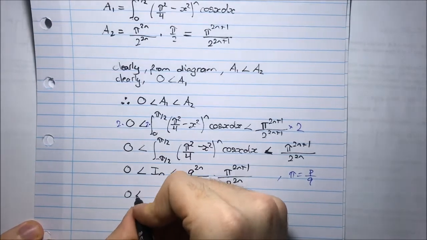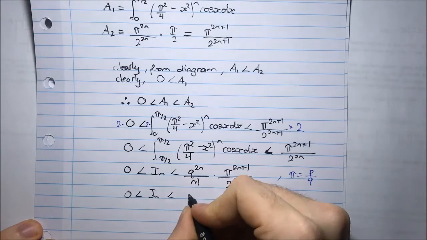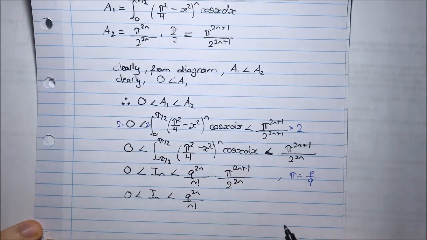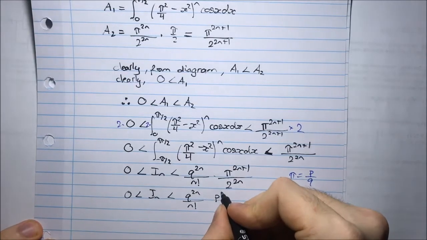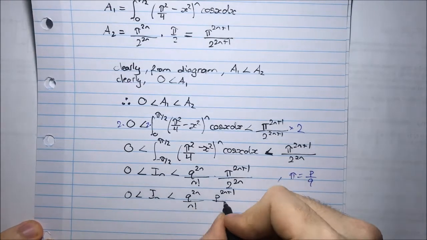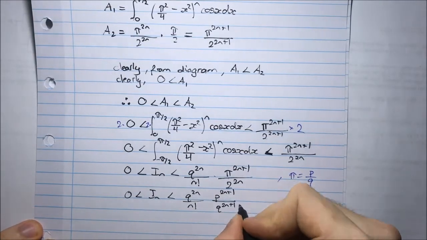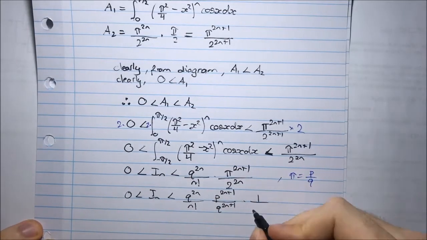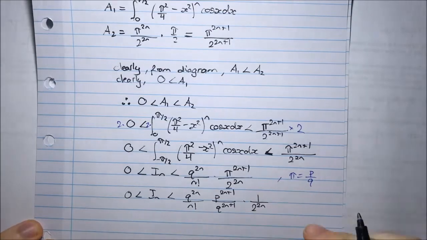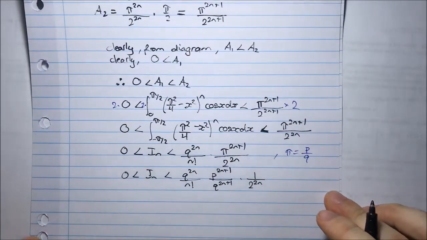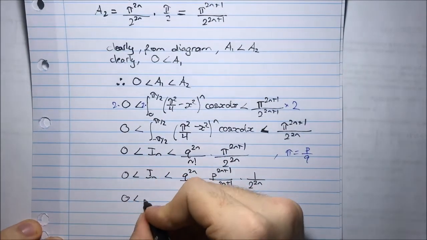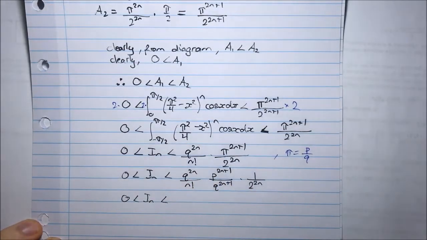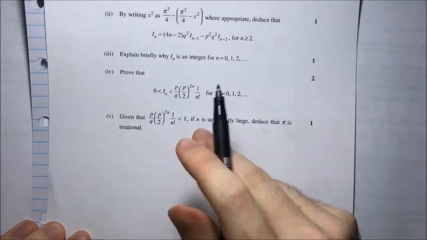So I have 0 is less than I_n is less than q to the 2n on n factorial, and then this is going to be p to the power 2n plus 1 on q to the power 2n plus 1. So that's just the pi bit, and then I'm going to multiply that by 1 over 2 to the 2n. Alright, so now I really just have to manipulate this thing to write it in that form.